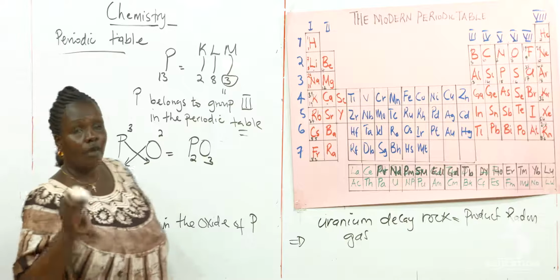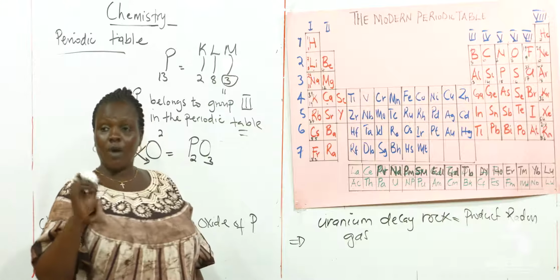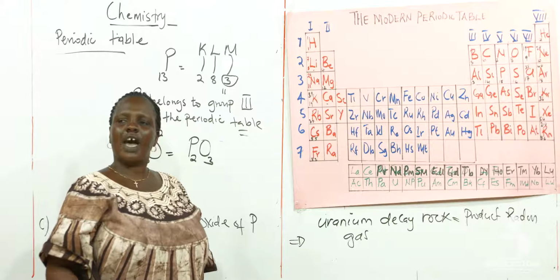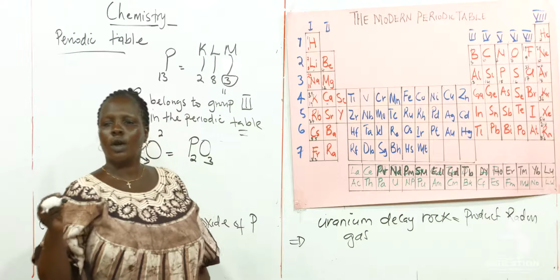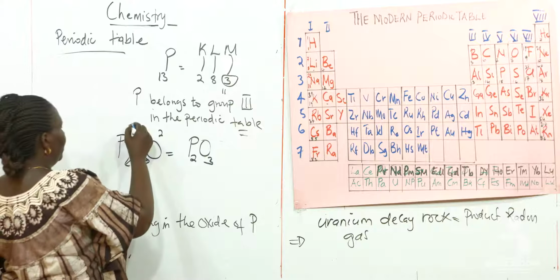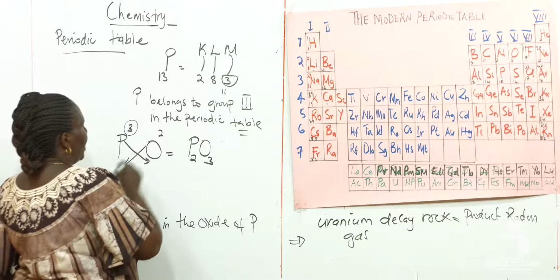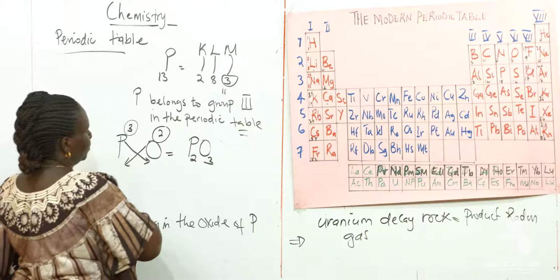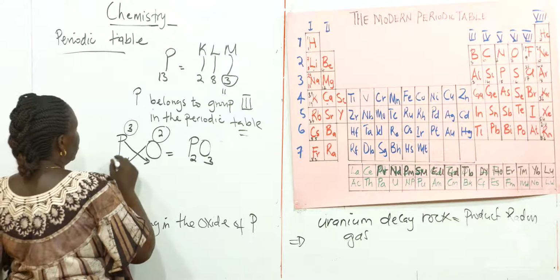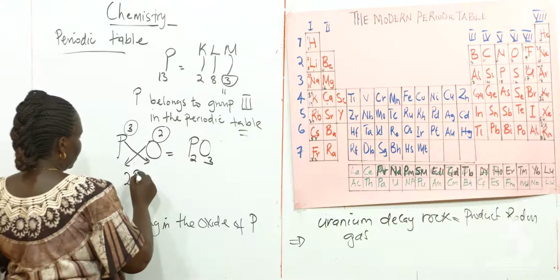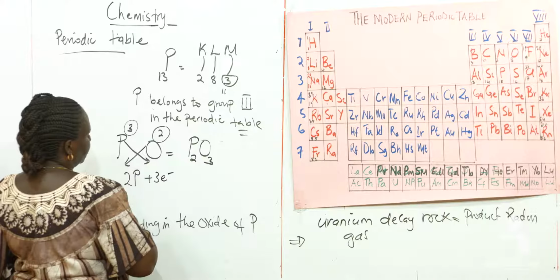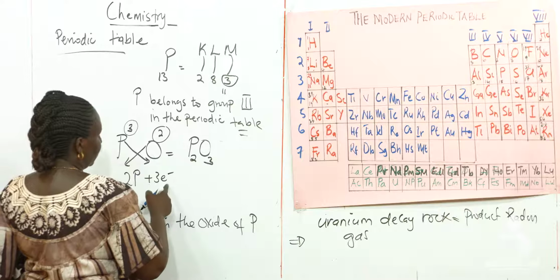Then for us to know the kind of bonding, this goes back to whether the electrons are shared or gained and lost. P can easily lose 3, and oxygen needs 2. But this compound has 2 atoms of P, and each one can lose 3 electrons, a total of 6.